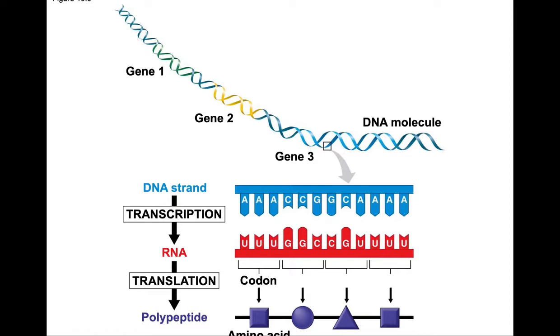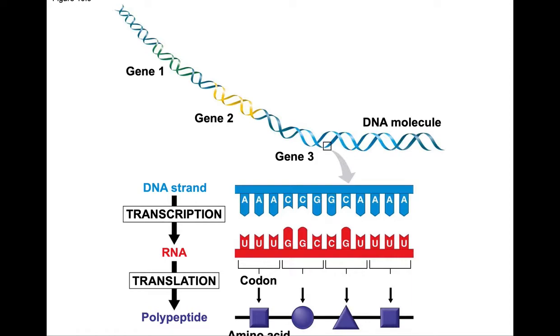Each of these three letters on the RNA, in this case UUU, is called a codon. So a set of three nucleotides on an RNA is called a codon.